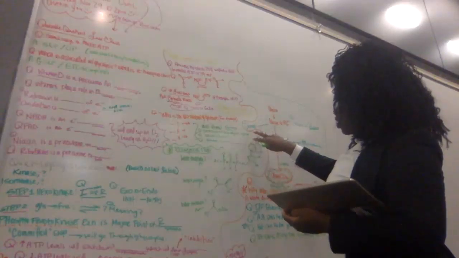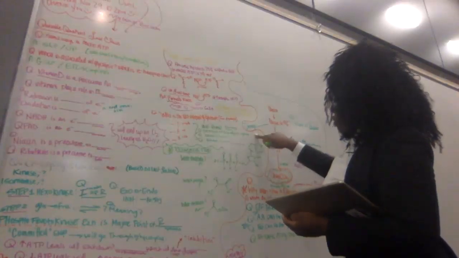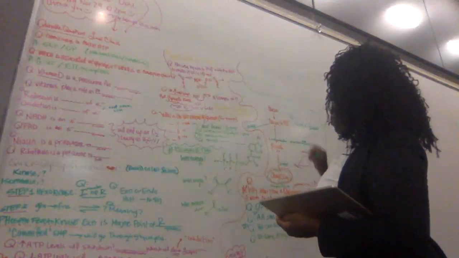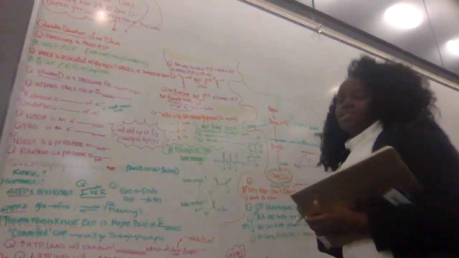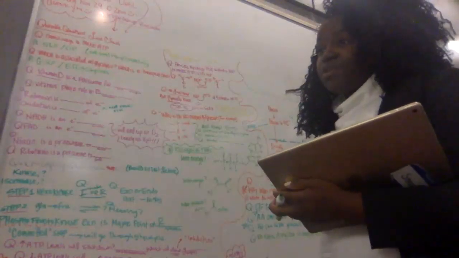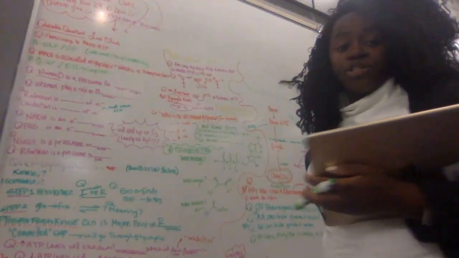So there was a quick schema that was made there, and my question to you is, in terms of storage, what is the molecule associated with storage? Hopefully you say glycogen. Glycogen is the storage molecule, and insulin is a hormone that makes storage occur.